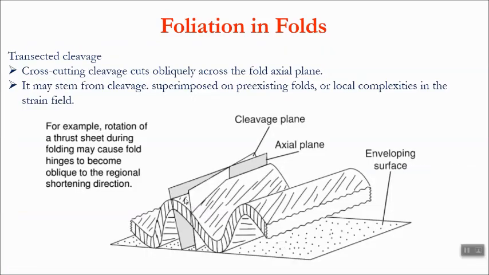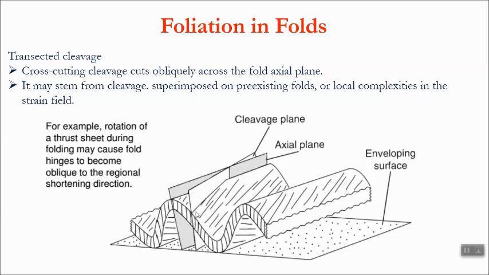Similarly, sometimes we can see that there are some foliations which are inclined to the hinge or the axial plane of the folds. If they are inclined to the axial planes of the folds, then we can identify that these cleavage planes are inclined to the folding. So we can identify that there is a separate set of deformations occurring in this place, which are oblique to this fold.